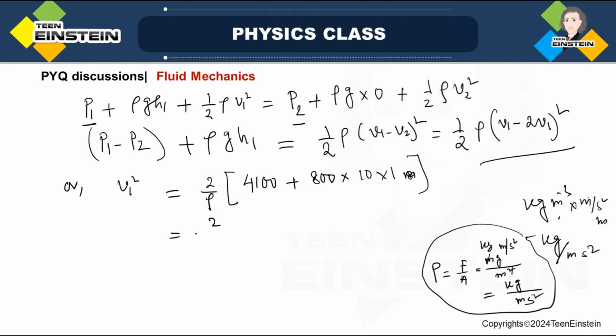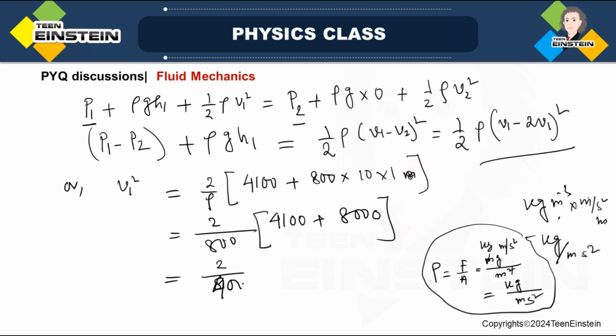So this is 2 by 800. Look, then what I get, 8,000 over here. Then 2 by, let me write this as 400, 1 over this.